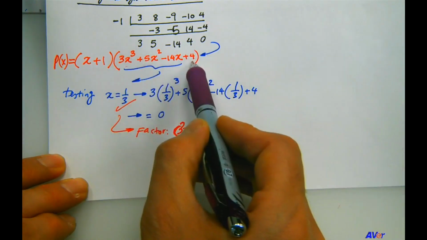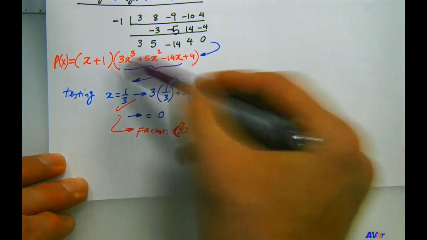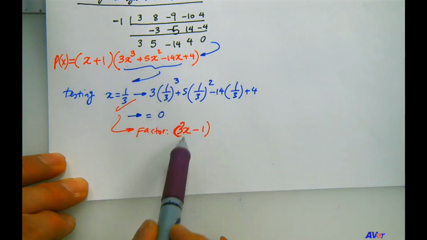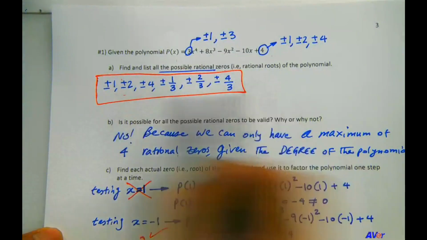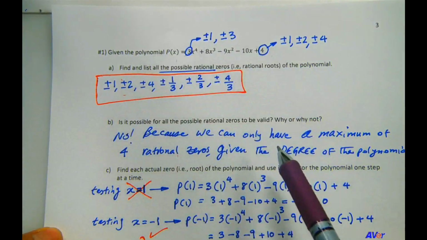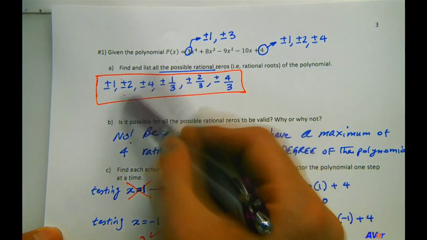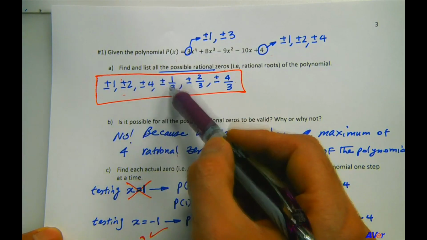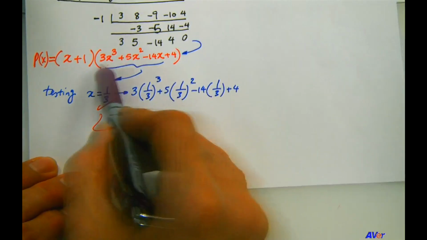We're breaking it into pieces by finding one factor, which we just did by testing x equals 1/3, and this 1/3 came from our original breakdown of all possible factors of this polynomial. Testing all of this, you'll figure out that doesn't work, that doesn't work, oh, that one works, so 1/3 worked. And so that gives us another factor. So now I can break this up.